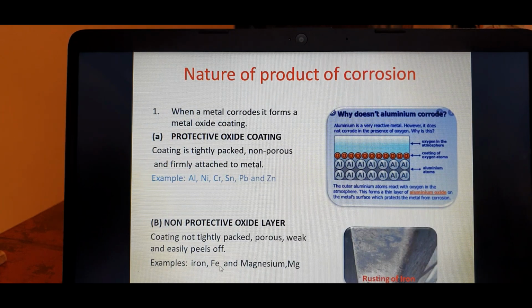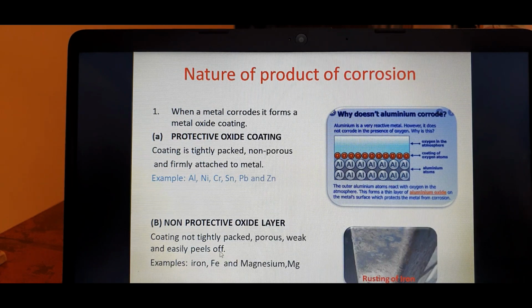Iron reacts with the oxygen in the air to form iron oxide, which is also a non-protective oxide layer. So why is it non-protective? It's not tightly packed, it's porous and weak and peels off easily. So the moment it peels off, the water seeps through, oxygen enters, and the corrosion continues to the inside part of the metal until the whole thing is gone.